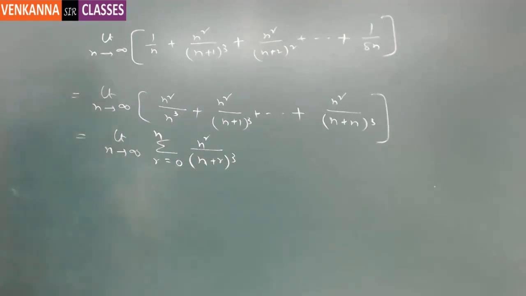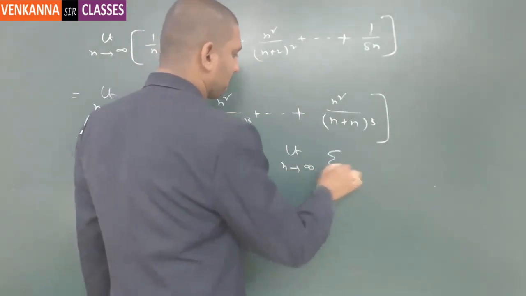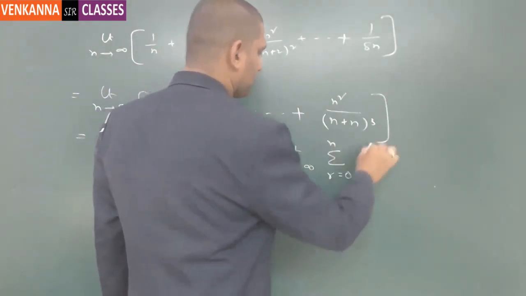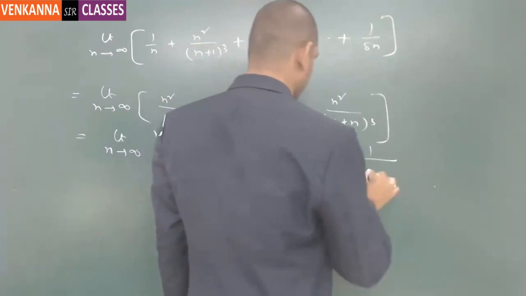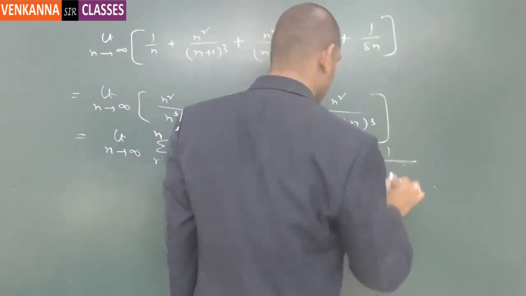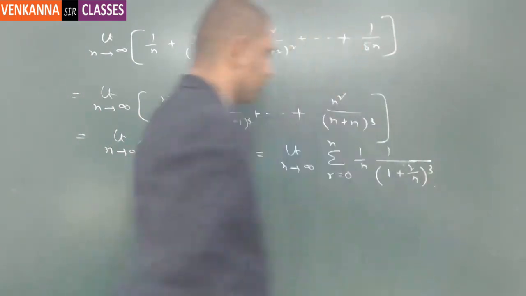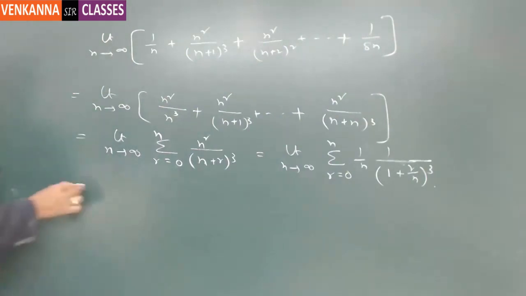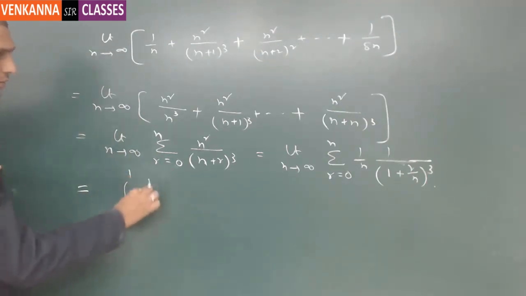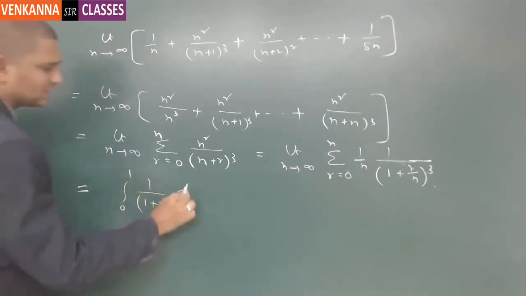So by taking n cube as common here, if you replace the respective ones, it will be integral 0 to 1, 1 by (1 plus x) whole cube dx.